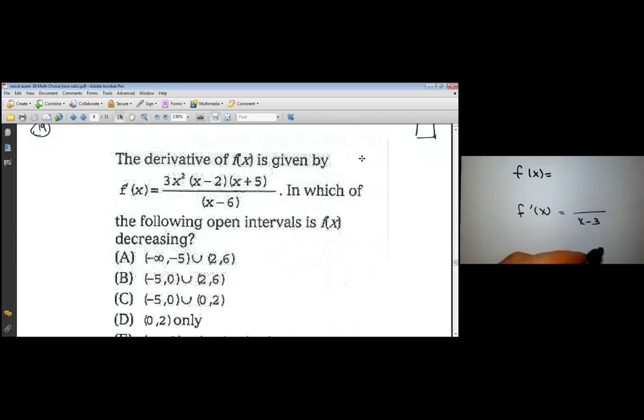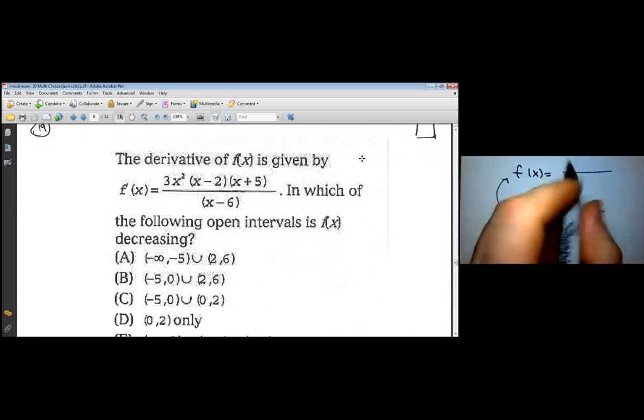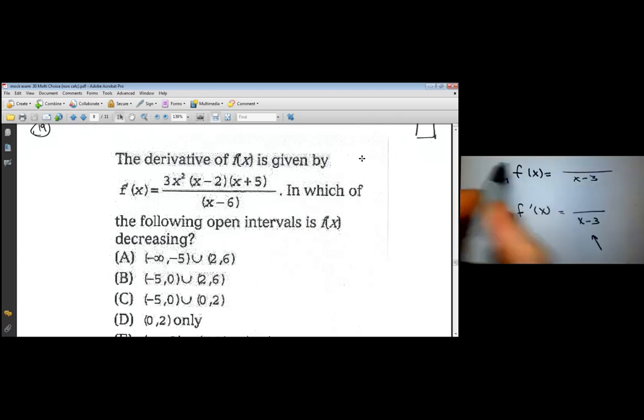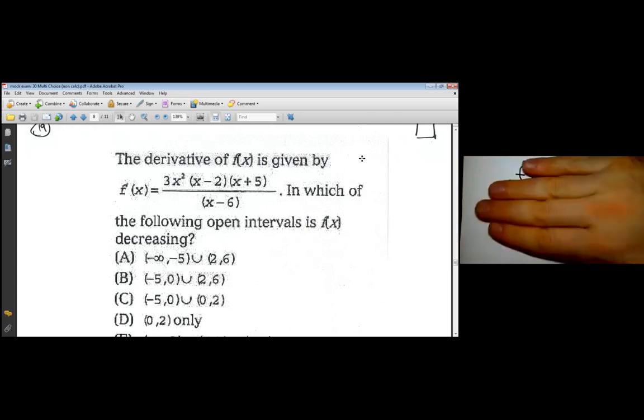If the number 3 would make this one undefined, in other words, in the original, it had something like that, if making this 0 would blow up the original, ignore it.